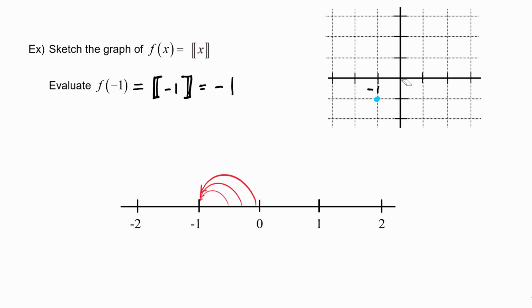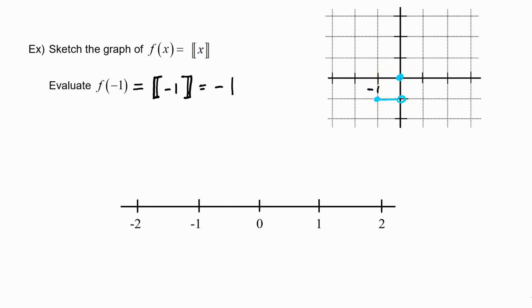But as soon as we actually get to x equals 0, then it will jump up to 0. So that means every x value between -1 and 0 is going to output a y value of -1, but when we get to x equals 0, then it will hop up to a y value of 0.